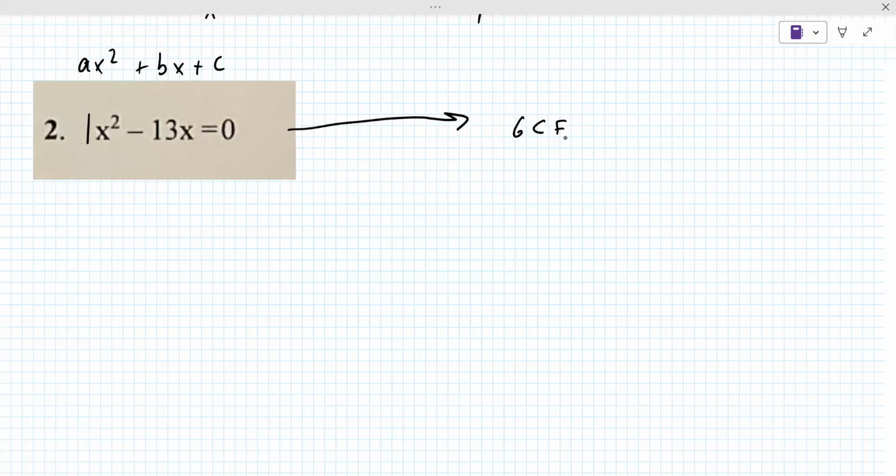So what goes into both? What factors into both here? One. Okay, for the number, yes, but what about for the x's? Oh, 1x. Yes. So you can take a 1x out of both. What goes inside parentheses?